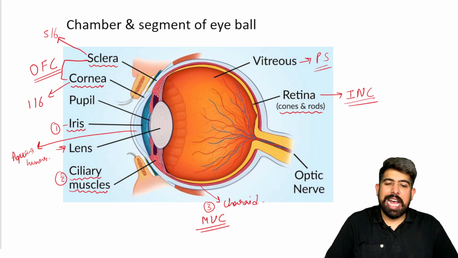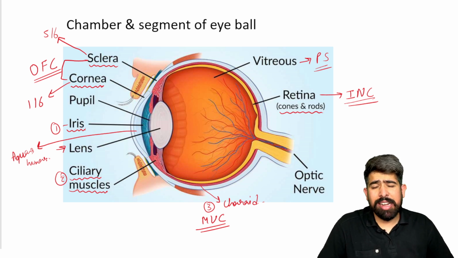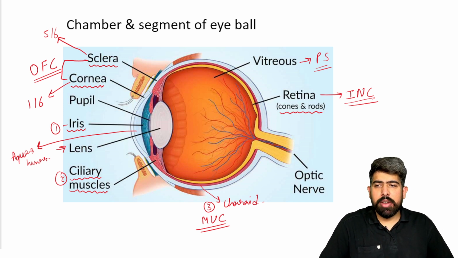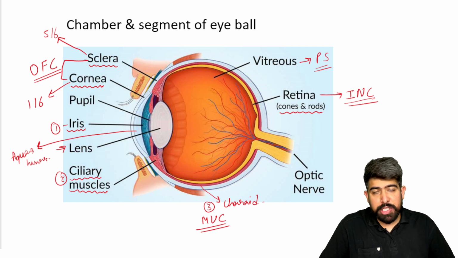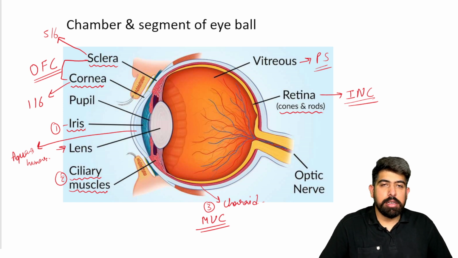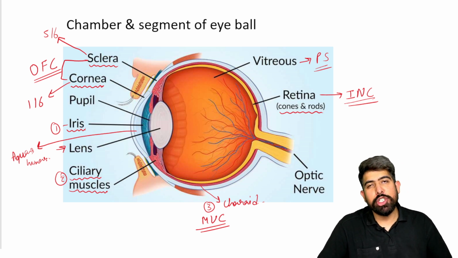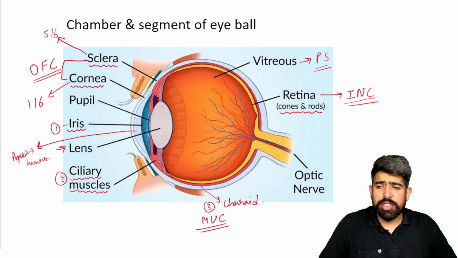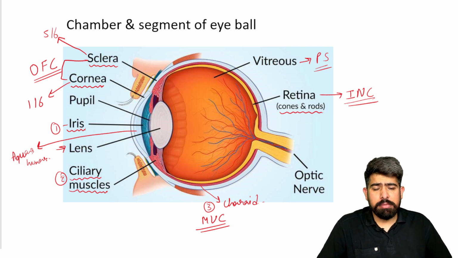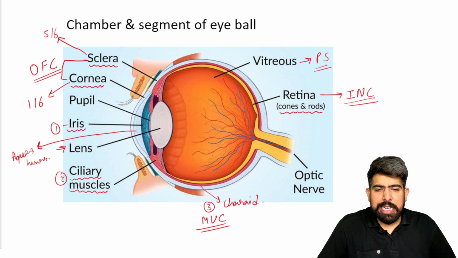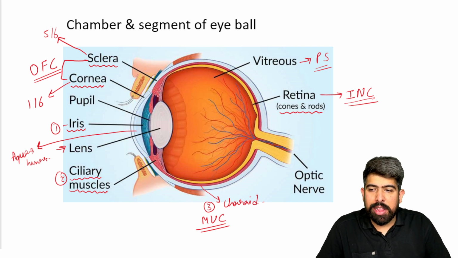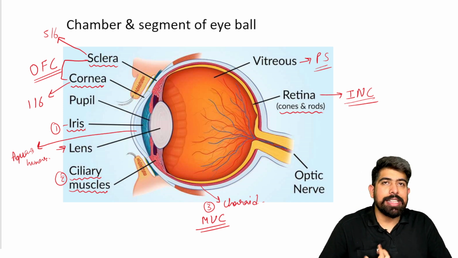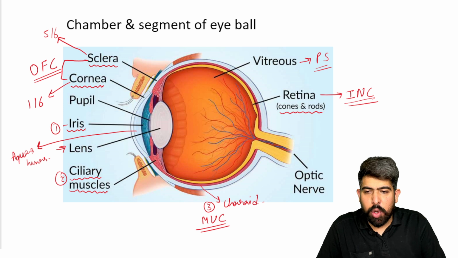This aqueous humor supplies nutrition to the avascular structures like the cornea and the lens, right? So this is about all the contents and the coats. There are three coats and three contents, which you already know, right?